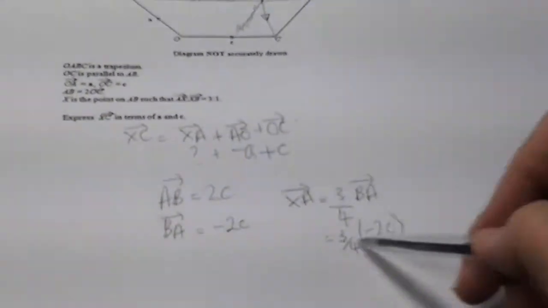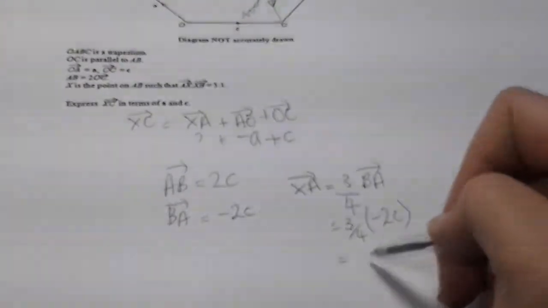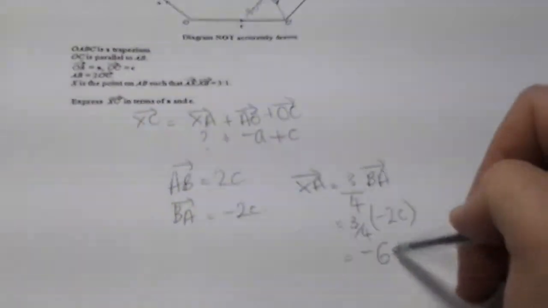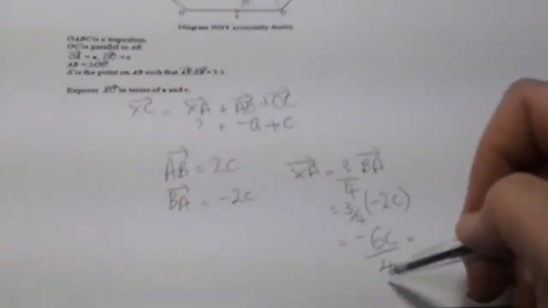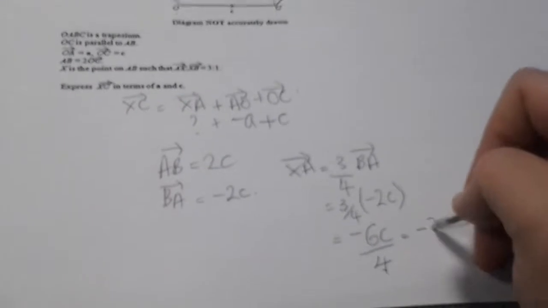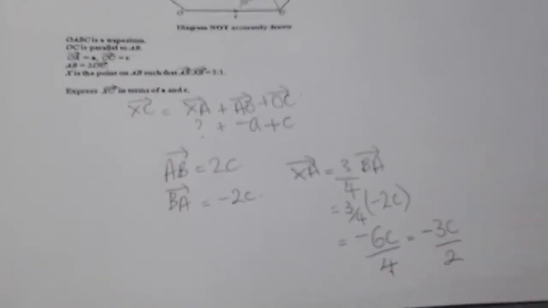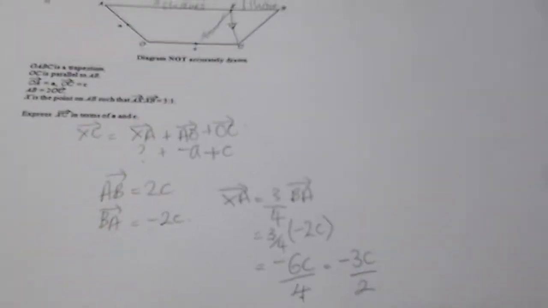Now all you have to do is multiply this out. 3 times minus 2 is minus 6C, and 1/4 on the bottom. If I simplify this through, that's minus 3C over 2. To finish up, I'm going to go back to the original additions I wanted to make.